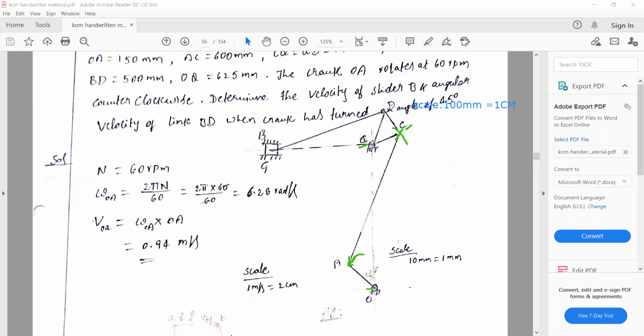So CD is 125 and QD is 145. Now we identify D. So now join these points: CQ is there, CD is there and QD is there. This is the ternary link.